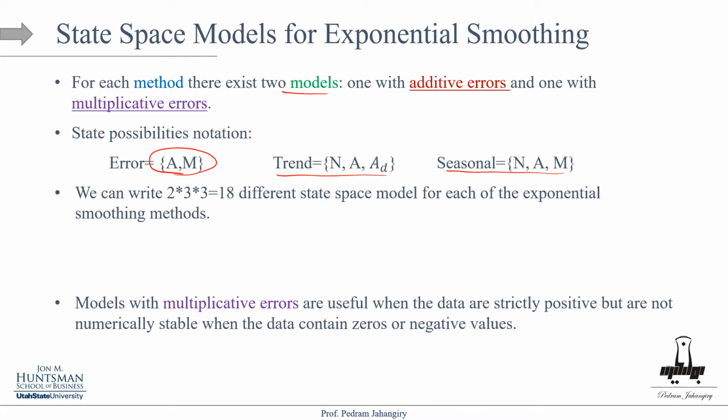So we had 9 different combinations previously. Now we need to multiply it by 2. We can have 18 different state space models for each of the exponential smoothing methods, right? And guys, there's nothing fancy here. This all says that depending on the pattern in the data, you can come up with one of these realizations, right? One of these combinations.